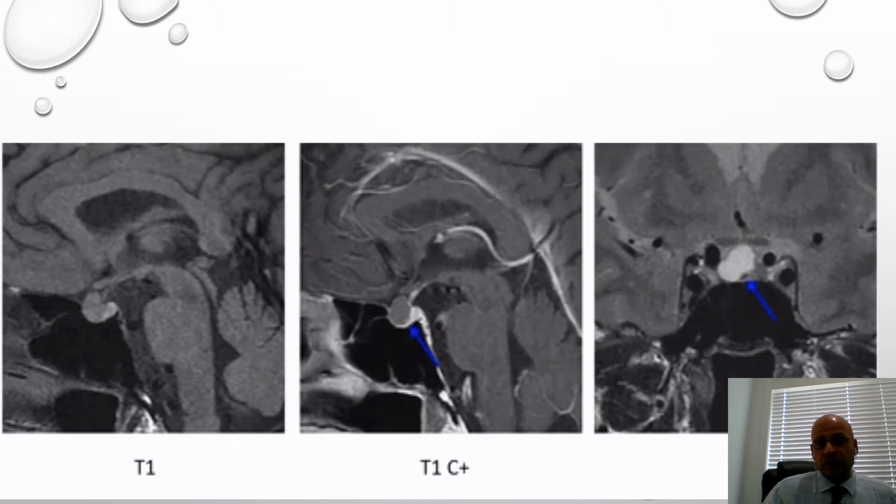And there was a dot sign, and also a hyperintense small area within this mass. So this is clearly a case of a pituitary cyst, and it's more likely than not, with the dot sign and the claw sign, and the overall clinical picture, to represent Rathke's cyst.